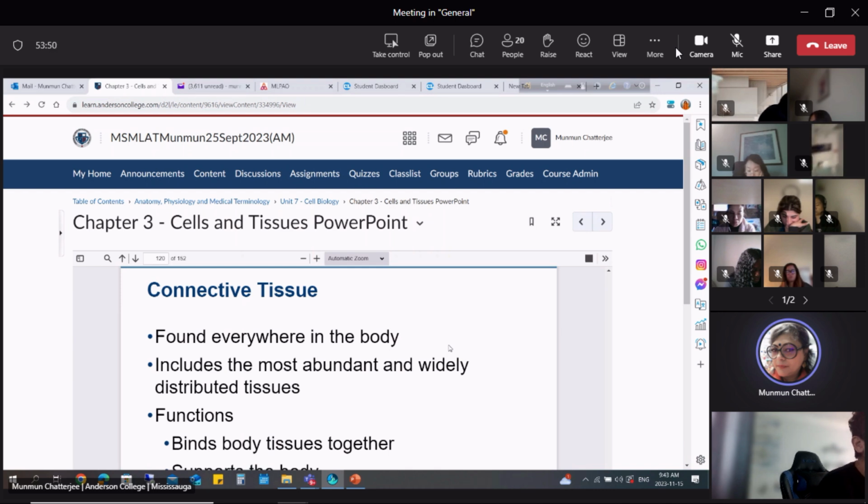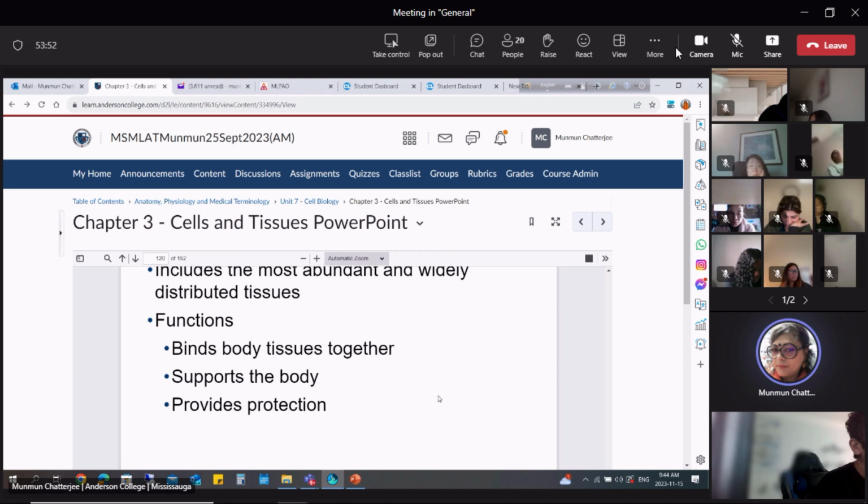What are the functions? It binds body tissues together. It supports the body. Obviously, if it spreads all over the body and connects the different tissues together, it will support the body and provide protection.